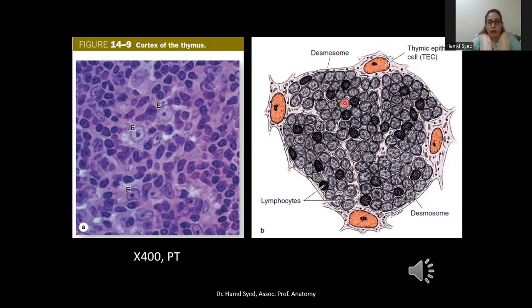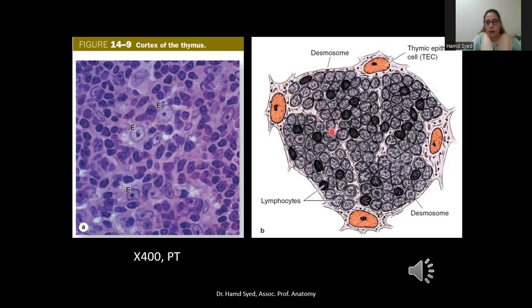Anyhow, when we look at this diagram on the right, we can see that these are the epithelial cells with a large nucleus and long processes. You can see the long processes of adjacent thymic epithelial cells are joined or attached to each other by this cell junction, which is the desmosome.